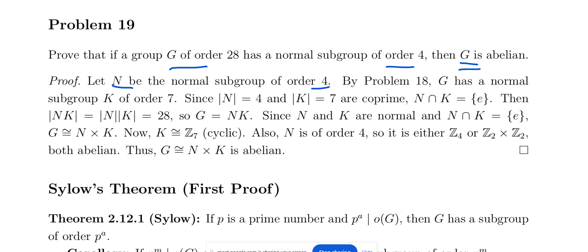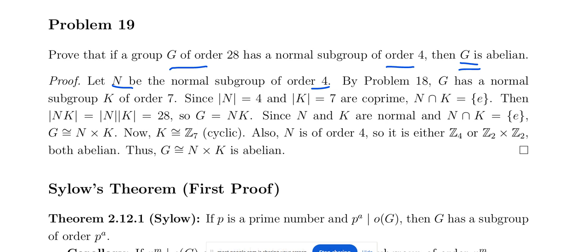Order of N equals 4 and order of K equals 7; both are co-prime, and already we used that the order of NK equals order of N times order of K, that is 28. So G equals NK, with both normal subgroups. So G is isomorphic to N cross K, where K is isomorphic to Z7.